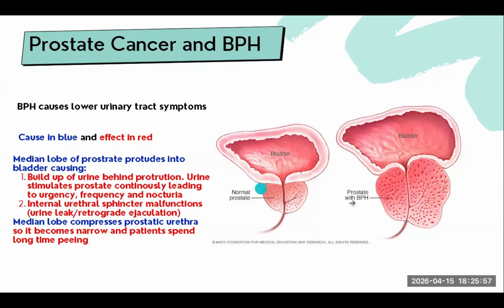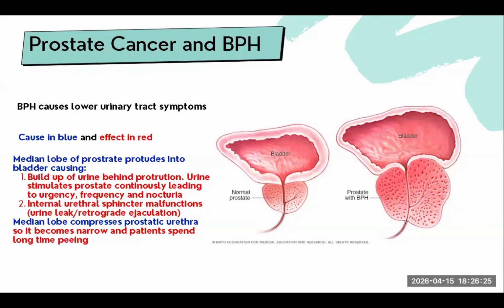This is a normal prostate and this is a prostate with BPH. This is the transitional zone and it would protrude into the bladder, okay? This would lead to buildup of urine behind the protrusion. So this is a protrusion, urine would build up over here. And this urine would continuously stimulate the prostate, and this would lead to urgency, frequency, and nocturia.